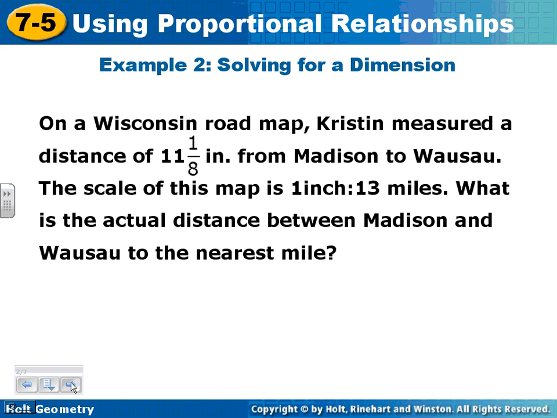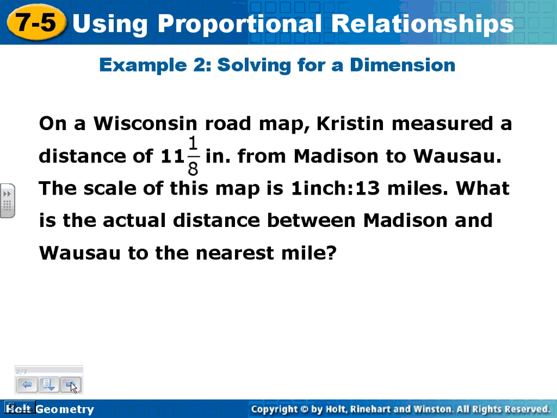It reads, on a Wisconsin road map, Kristen measured a distance of 11 1/8 inch from Madison to Wausau. The scale of this map is 1 inch to 13 miles. What is the actual distance between Madison and Wausau to the nearest mile?